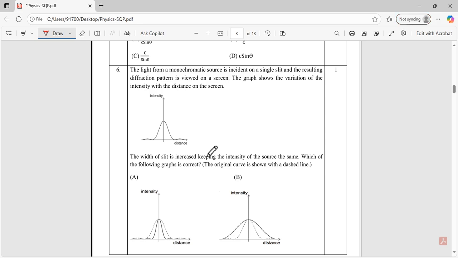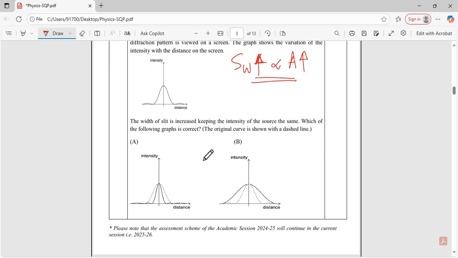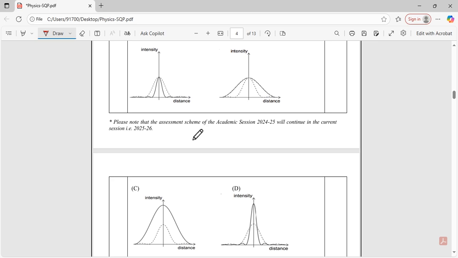If the slit width is increased, the amplitude also increases, so they are directly proportional. The width of the slit is increased, the intensity of the slope is the same, which of the following graphs is correct?